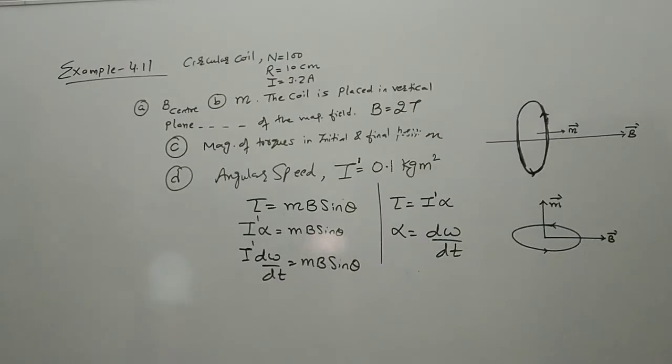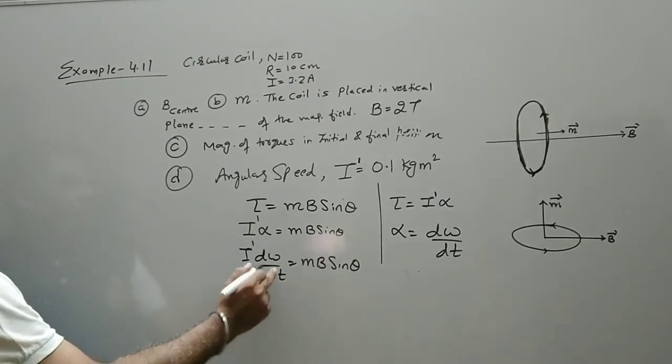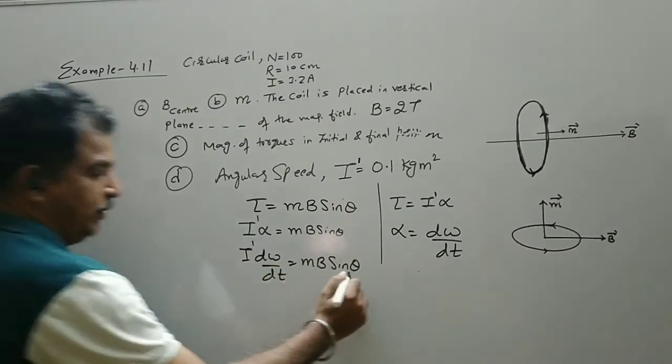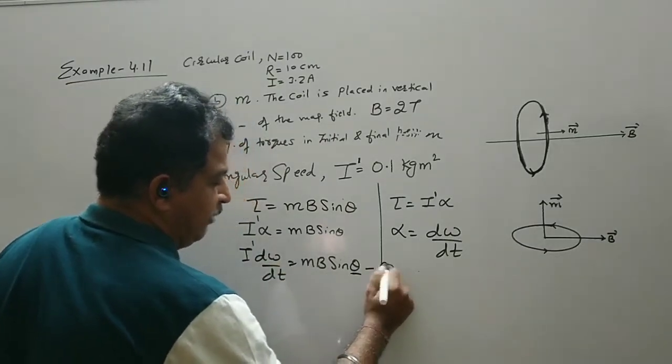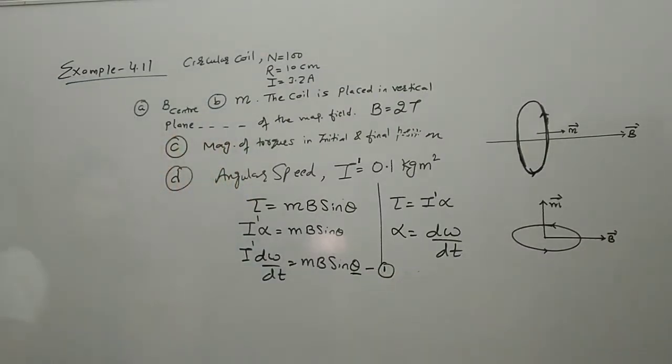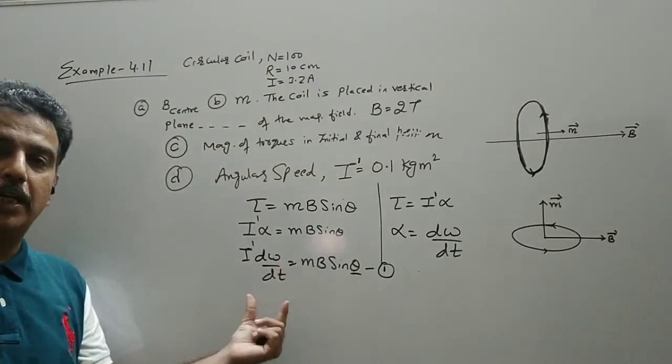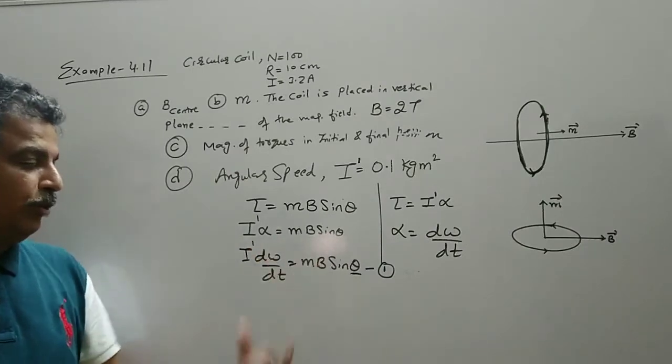Now we have to do the derivative of omega with respect to time. But on the other hand, we have theta as a variable. So here there is a derivative of omega with respect to time, but here we have theta, which is a variable. So we have to express this omega in terms of theta.